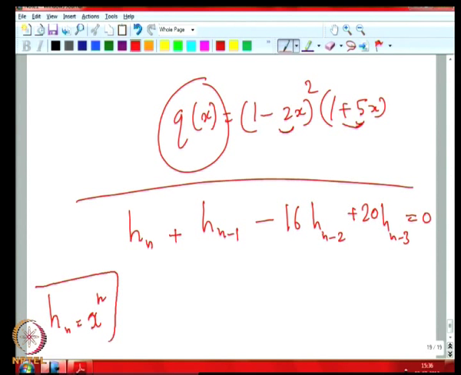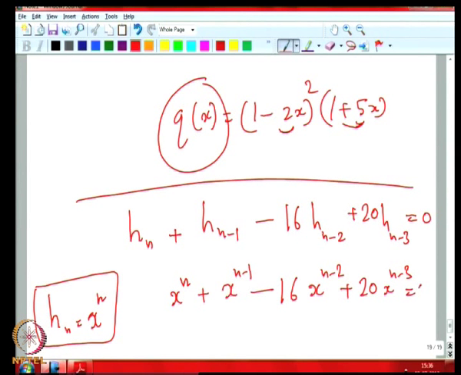So, this will be x raised to n plus x raised to n minus 1 minus 16 into x raised to n minus 2 plus 20 into x raised to n minus 3 equal to 0. This is what we get.